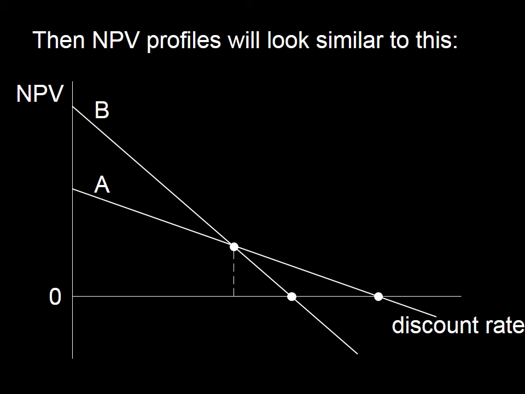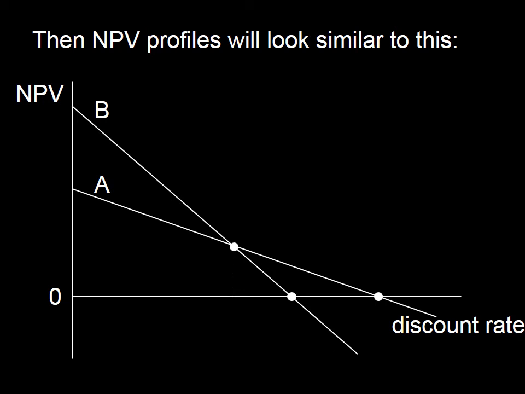Okay, what about the internal rate of return? Well, the internal rate of return, remember, by definition, is where the NPV is 0. So if we go along the axis here, you'll see here's the internal rate of return for Project B. If this is, let's say, 10%, maybe this might be 17%, some higher number.